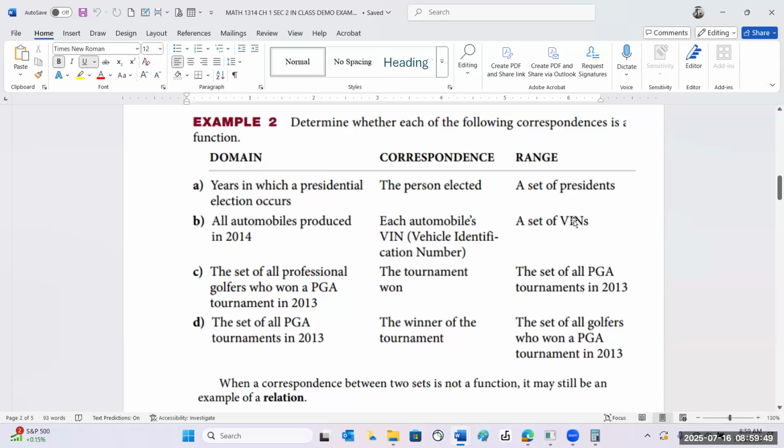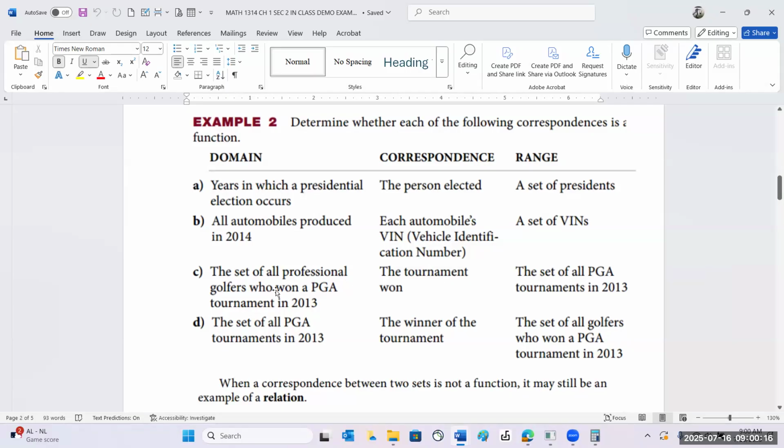Why is it one-to-one? Very good. Because each car has its own unique number. Anybody does not know what a VIN number is? VIN number stands for vehicle identification number. If you're sitting in your car, it's in the bottom corner of your windscreen. That's how you determine what your car really is, who made it, when it's made, where it's made.